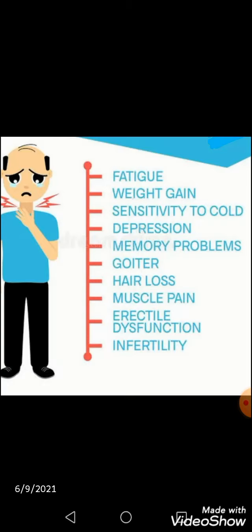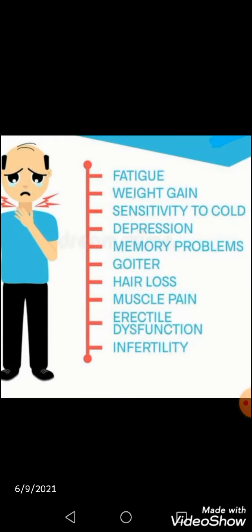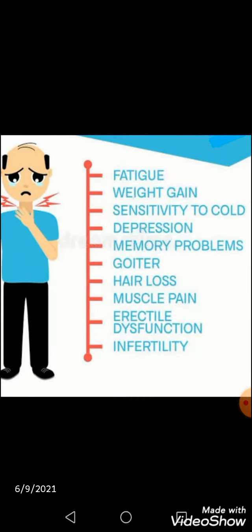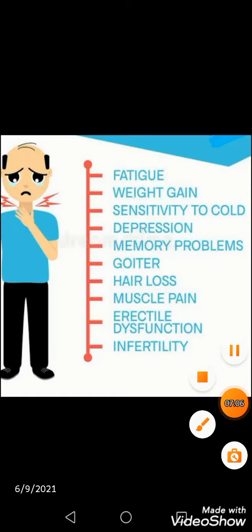This TSH secretion is lessened by the anterior pituitary, and we expect these symptoms, and there could be the inability to concentrate. So all these are the features of hypothyroidism and the previously discussed topic, hyperthyroidism, right?